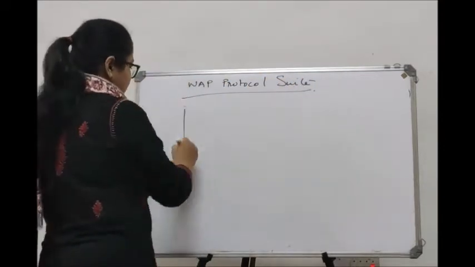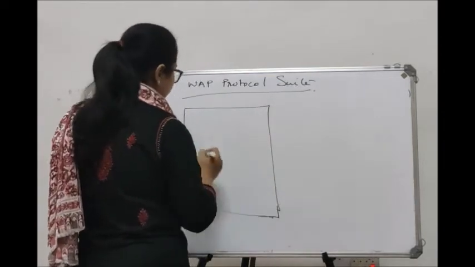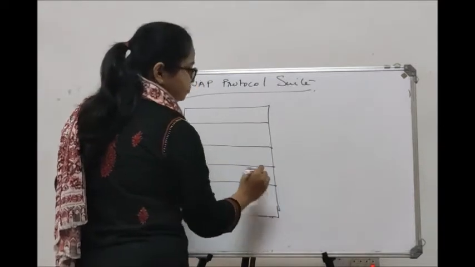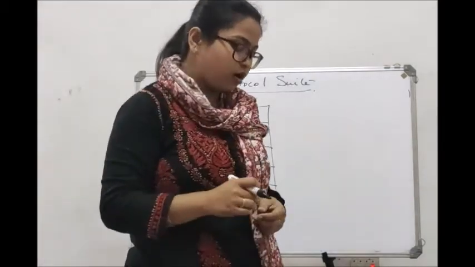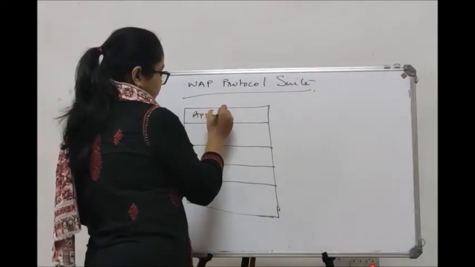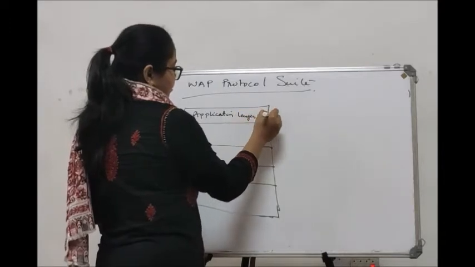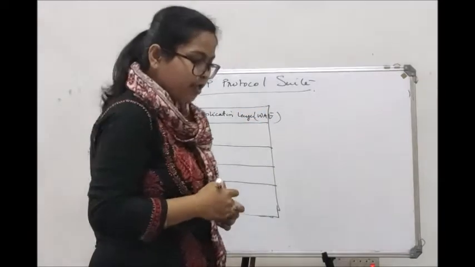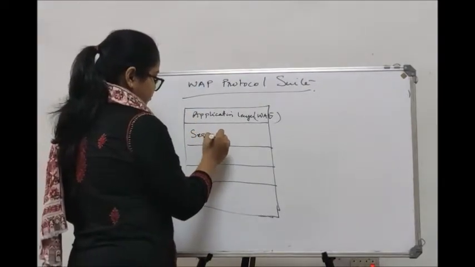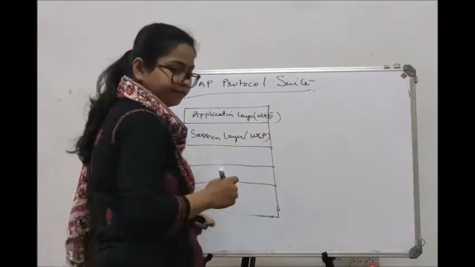It has a bunch of layers. Let us understand and study each layer one by one. First is the application layer, WAP for short. Then comes the session layer, WSP.